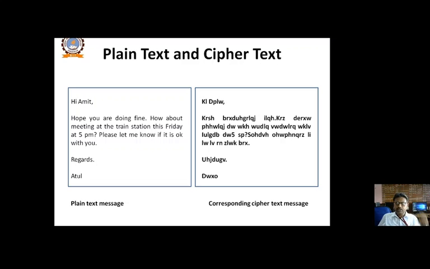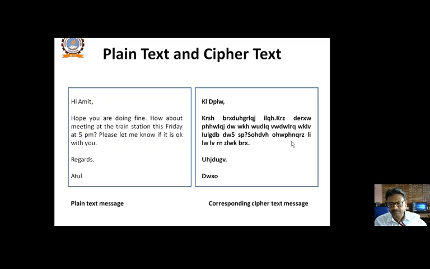So this is an example of a plain text and the ciphertext using the Caesar cipher method, in which one is the plain text message and the other is the corresponding ciphertext message, made by converting each and every character 3 characters down and replacing each character by another character. So this is an example of a plain text and this is an example of a ciphertext. If this plain text is traveling, everybody is able to understand what it means.